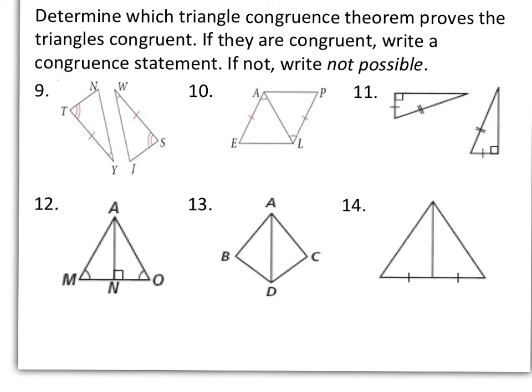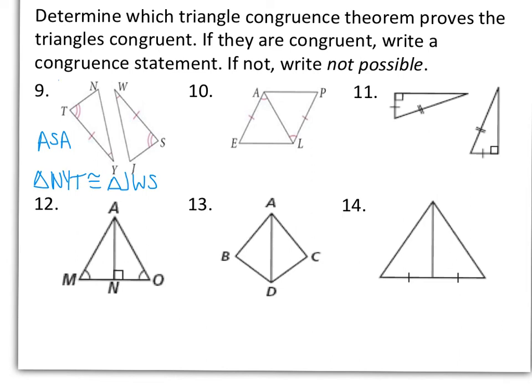All right, in number 9, let's see, we have two pairs of congruent corresponding angles and one pair of included congruent sides. So these two triangles are congruent by angle, side, angle. Then my triangle congruent statement would be triangle NYT is congruent to triangle JWS.